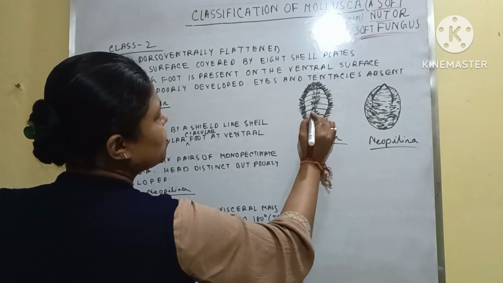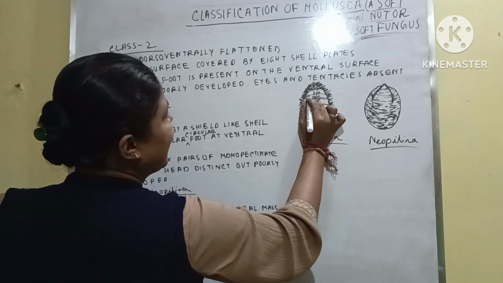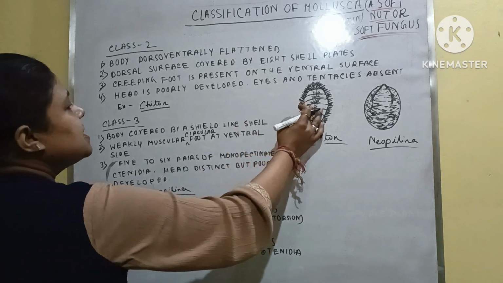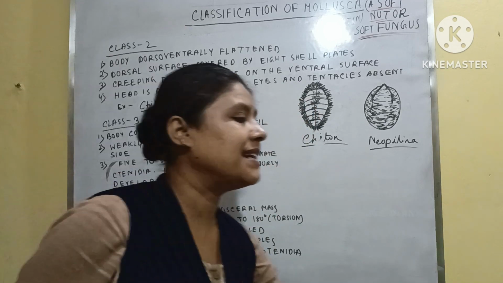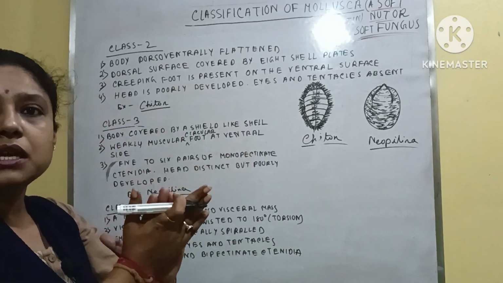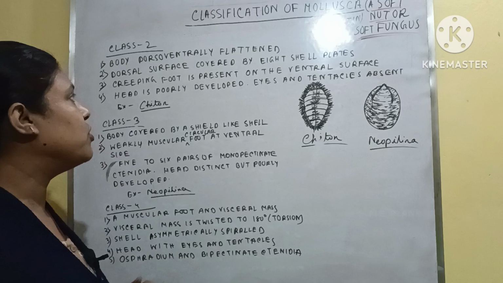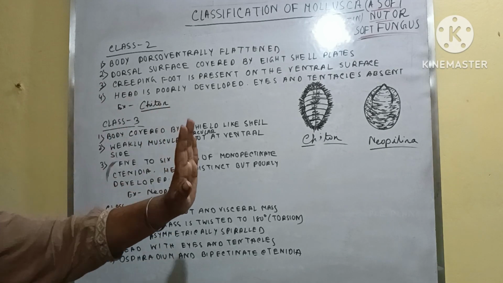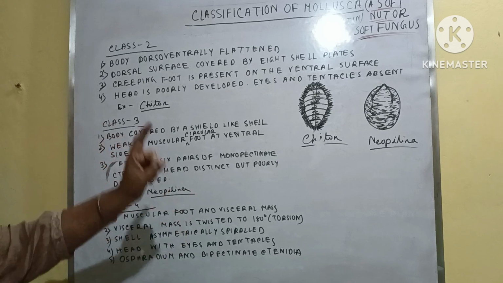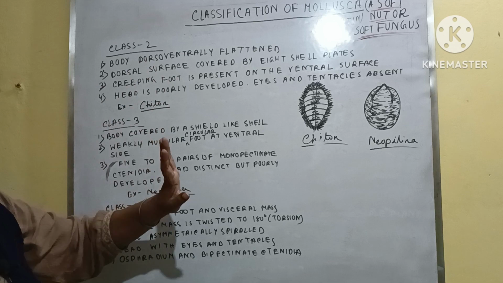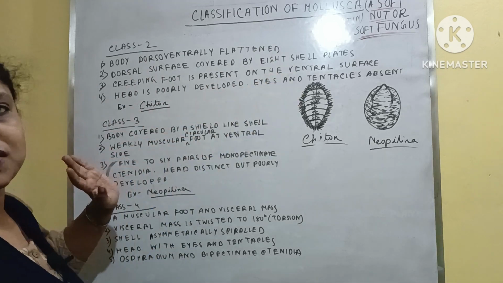These are the 8 shell plates. The body is dorsoventrally flattened. The head is present but not distinct properly, eyes and tentacles are absent, and the creeping foot is present on the ventral surface.